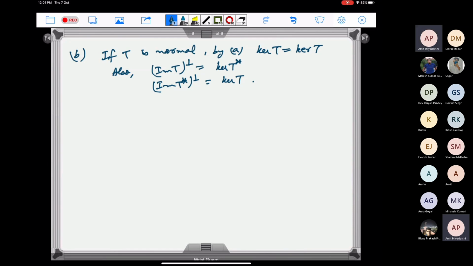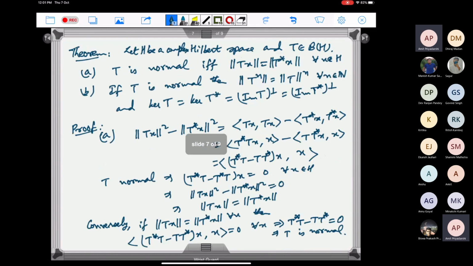And the other one I'll prove next time because I'm running out of time. So we'll prove this one, that norm of T to the n is equal to norm T to the n for a normal operator.